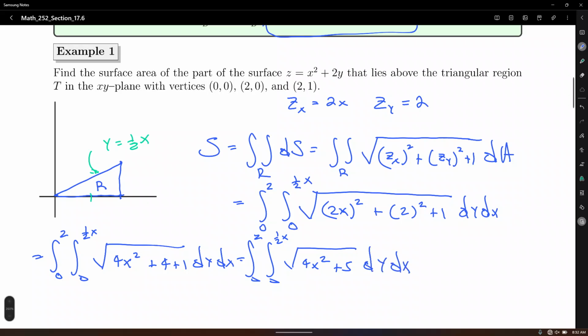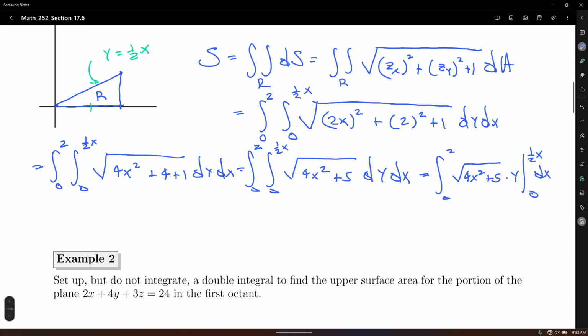Okay, so here we're going to integrate with respect to y. Notice this radical is constant with respect to y, right? So the first integral will be from 0 to 2, square root of 4x squared plus 5 times y from 0 to 1/2 x, dx. Okay?